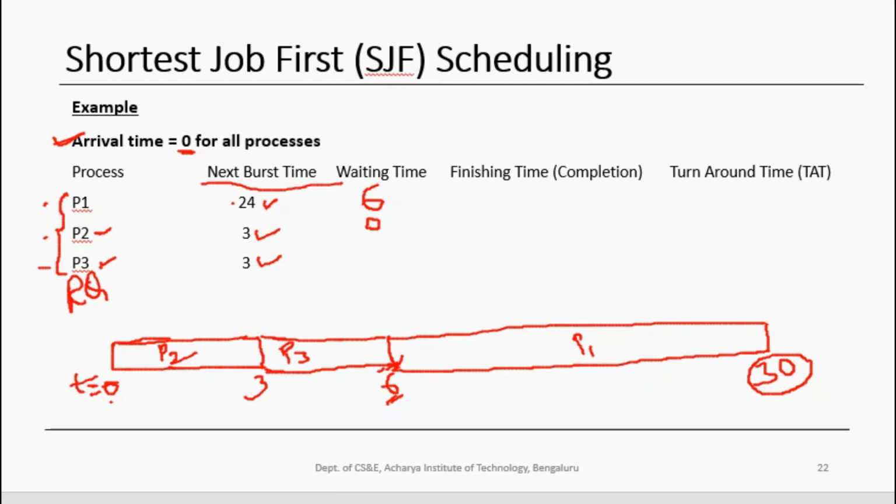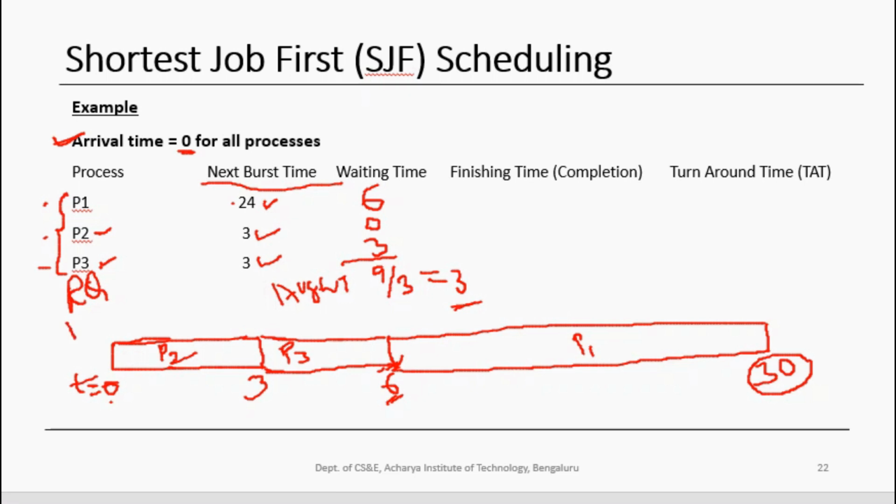P3 will wait for 3 time units. So therefore its waiting time is equal to 3. Now add all this and divide it by the number of processes, we get the average waiting time. That is equal to 3. Now if you take the unit of time as milliseconds, it is equal to 3 milliseconds.